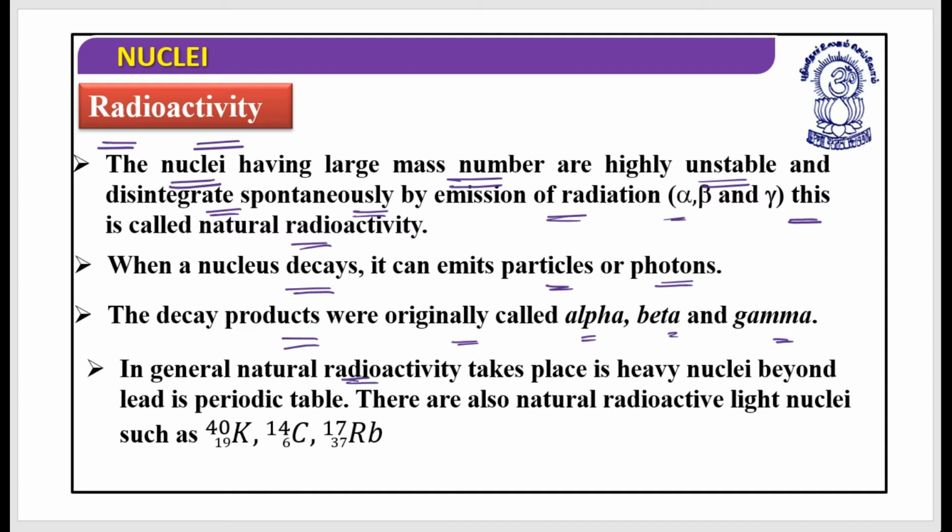In general, natural radioactivity takes place in heavy nuclei beyond lead in the periodic table. There is also natural radioactivity in light nuclei such as potassium-40 or rubidium-87, but they are very rare. In general, natural radioactivity takes place in elements which are heavy in nature. I hope this is clear.